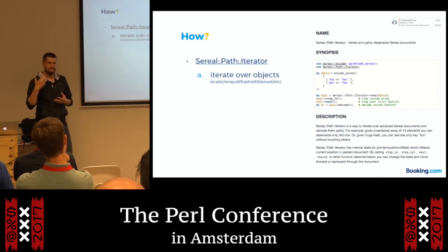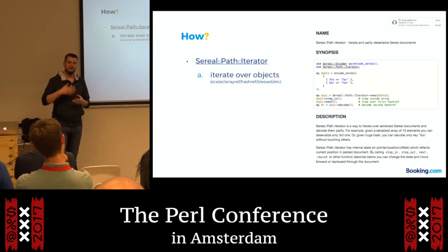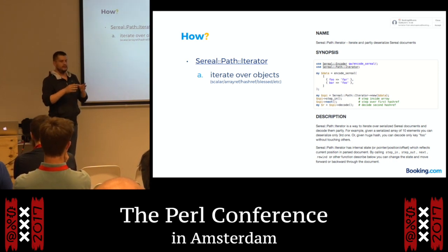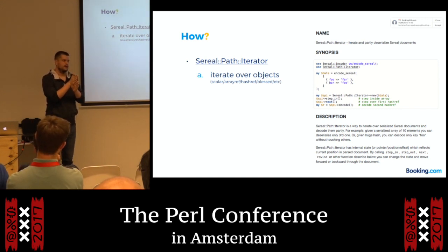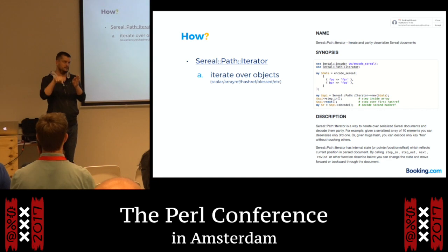It lets you iterate over a serialized object. For example, if you imagine a nested array with hashes, you can say, hey, currently I'm in object number 0, and I have an option to either step in, meaning I'll inspect the body of the object, or step over.